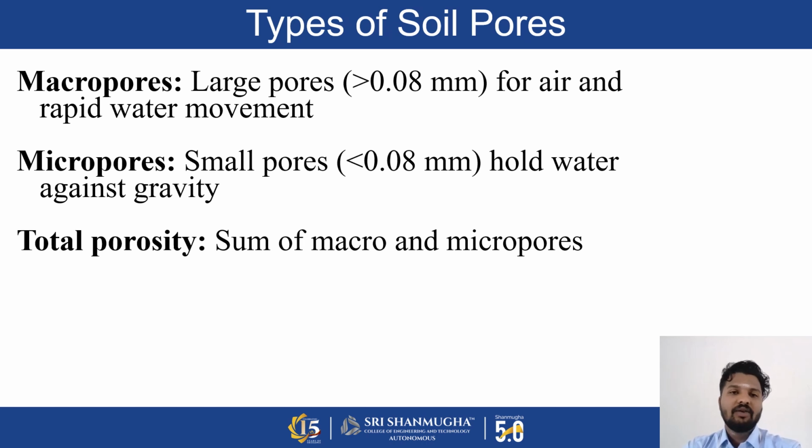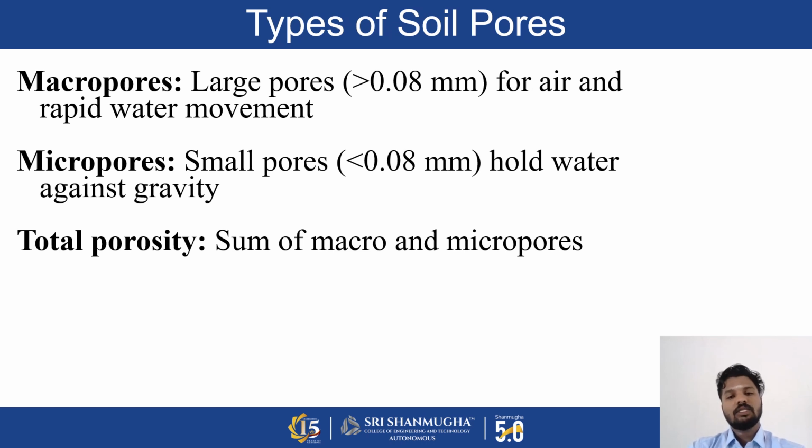The first one is the macropores. Macropores are generally large pores that are greater than 0.08 millimeter, and they allow for high air movement and rapid water drainage. At the same time, micropores are small pores that are less than 0.08 millimeter. Micropores hold water against the force of gravity, making water available to plants.